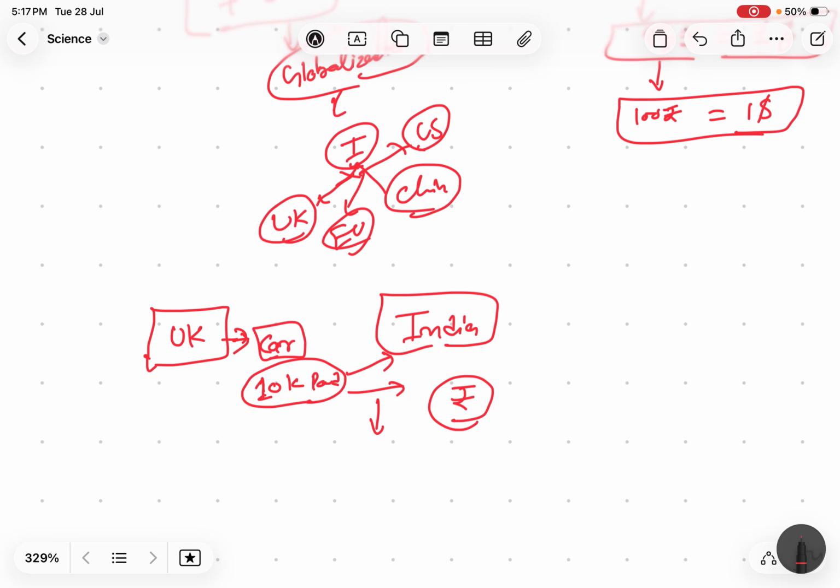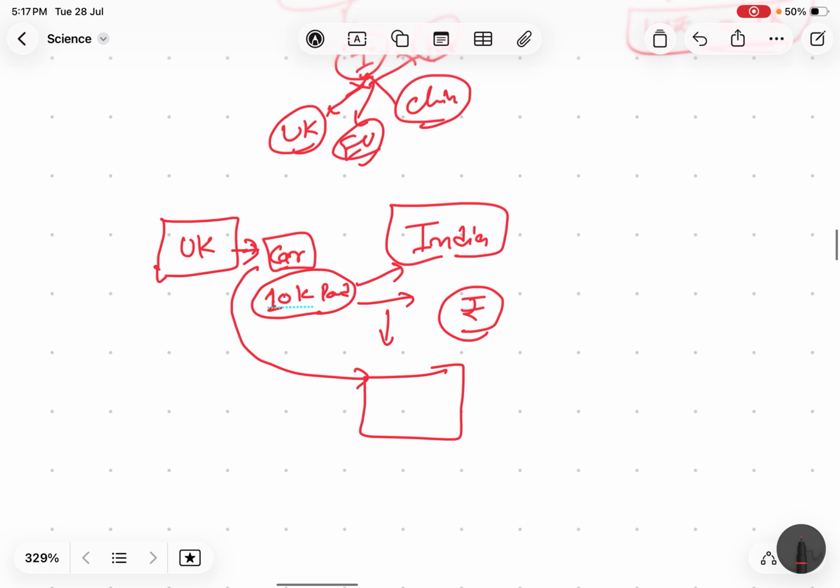Now when this car comes to the Indian market, let's say Ram wants to buy this car. He knows that the cost of that particular car is 10,000 pounds, because it is coming from England. Now when it has reached the Indian market, he has to figure out how many rupees he has to pay that is equal to these 10,000 pounds to get this car.